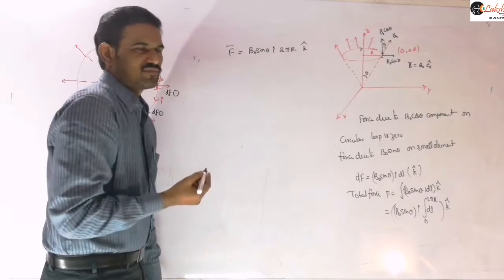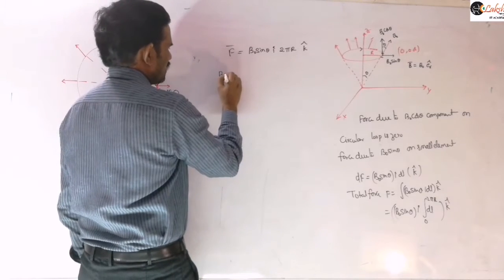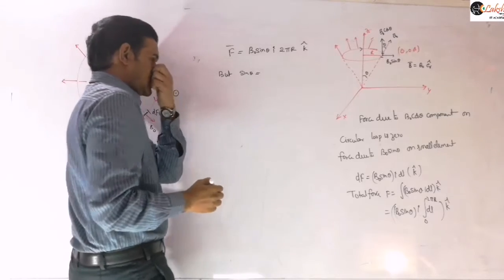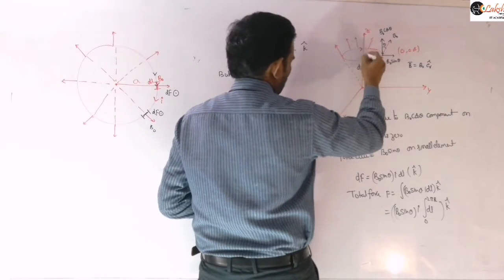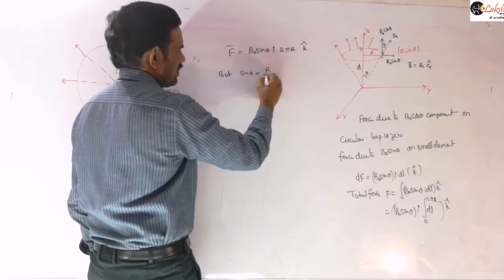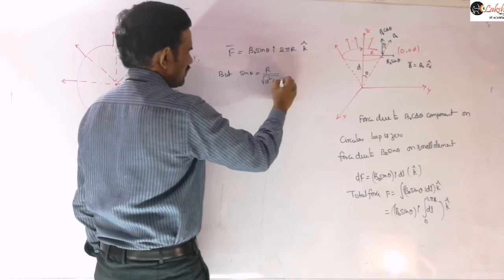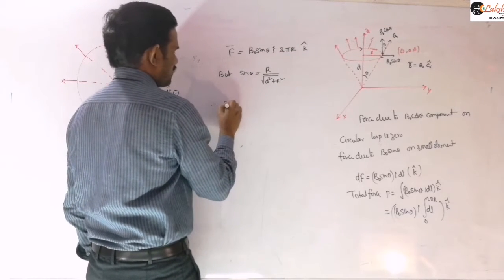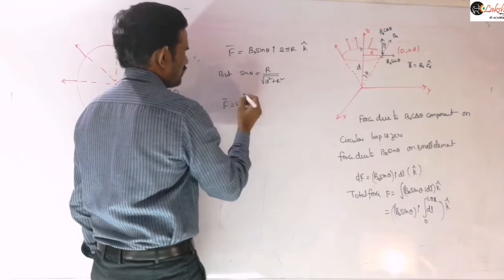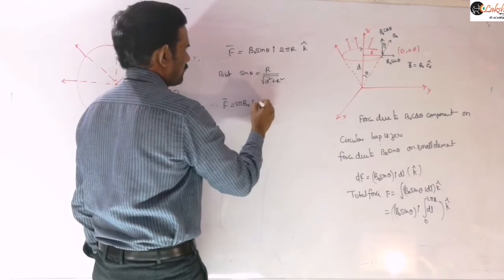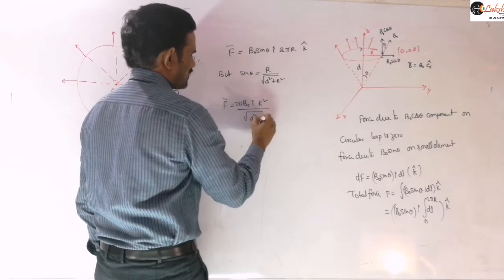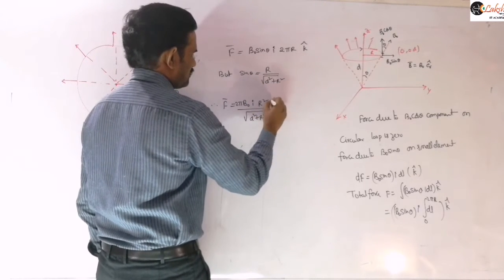The sin theta value can be substituted by using this triangle here. This distance d is given and this is r. Therefore sin theta we can write as r by under root of d square plus r square. Therefore this force F bar is equal to 2 pi into b naught into I r square by under root of d square plus r square, k cap.